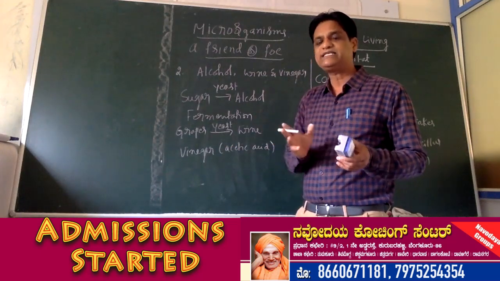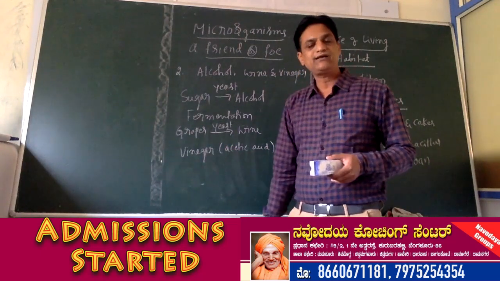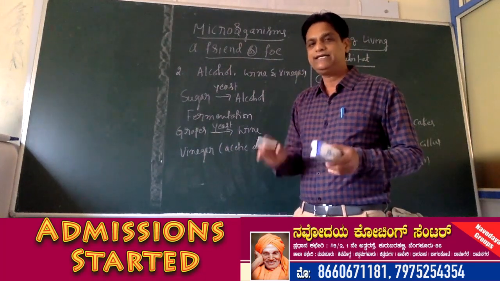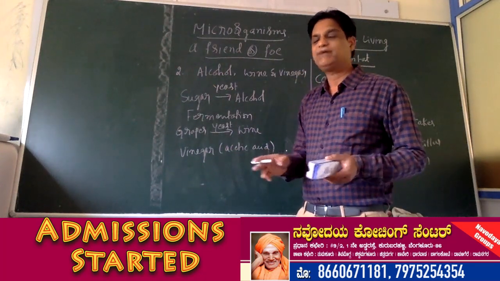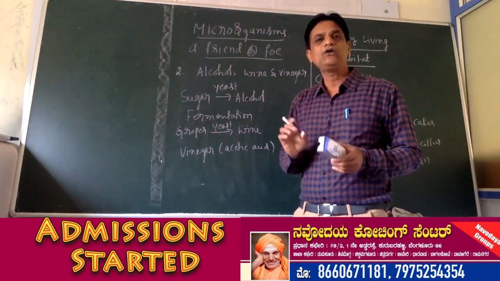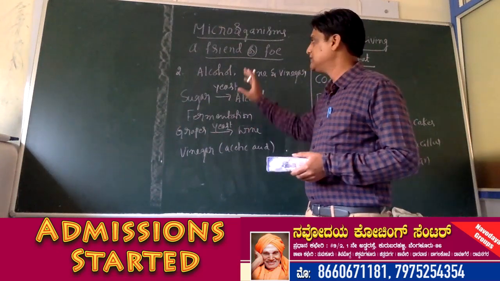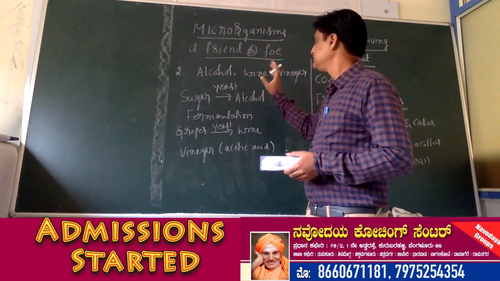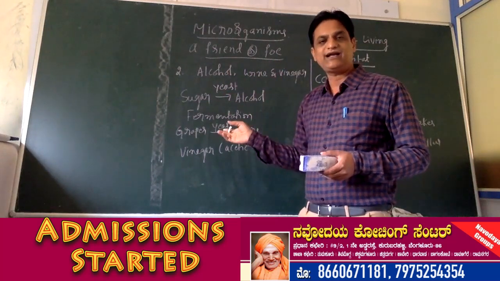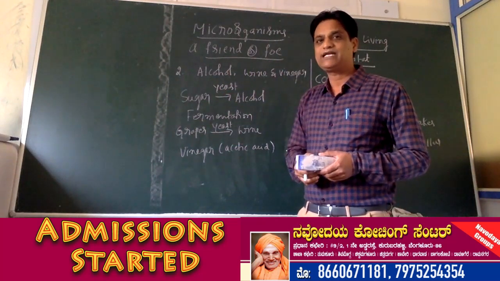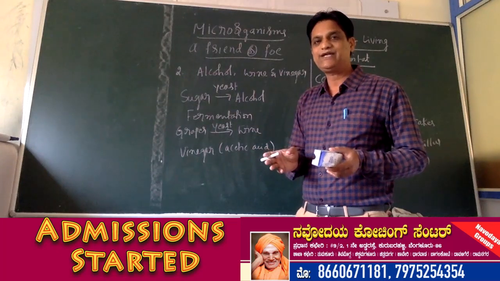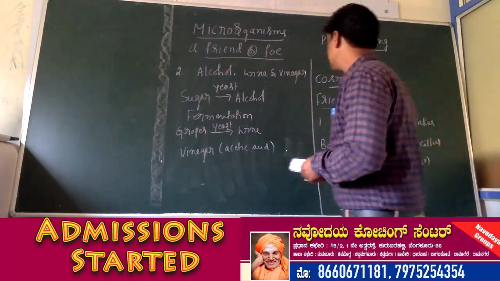So dilute acetic acid is called vinegar, and that vinegar is also produced by the action of microorganisms. So for the preparation of alcohol, wine and vinegar, microorganisms are used. Okay, so that is another use.